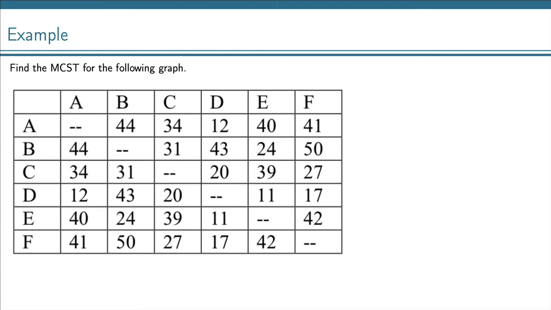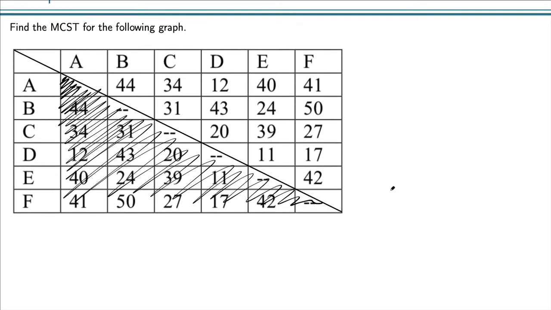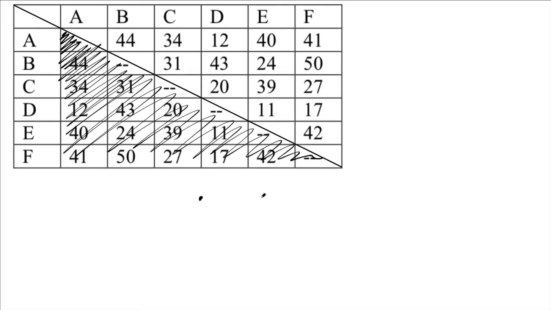Let's go ahead and do it again here. We've got now 6 vertices, and we just need half of our table. And we're going to draw out our 6 vertices in a circle. So I've got A, B, C, D, E, and F. And we start by adding our cheapest edge. Our cheapest edge here is this 11 from D to E. Go ahead and add that.